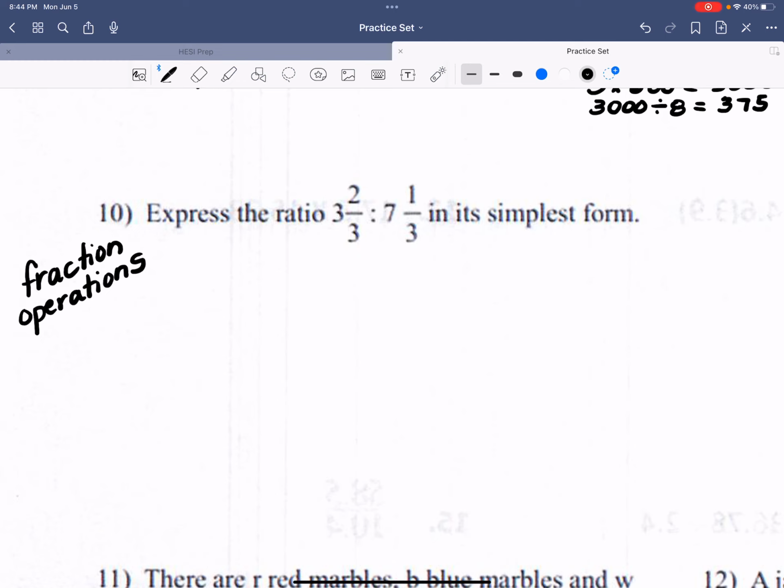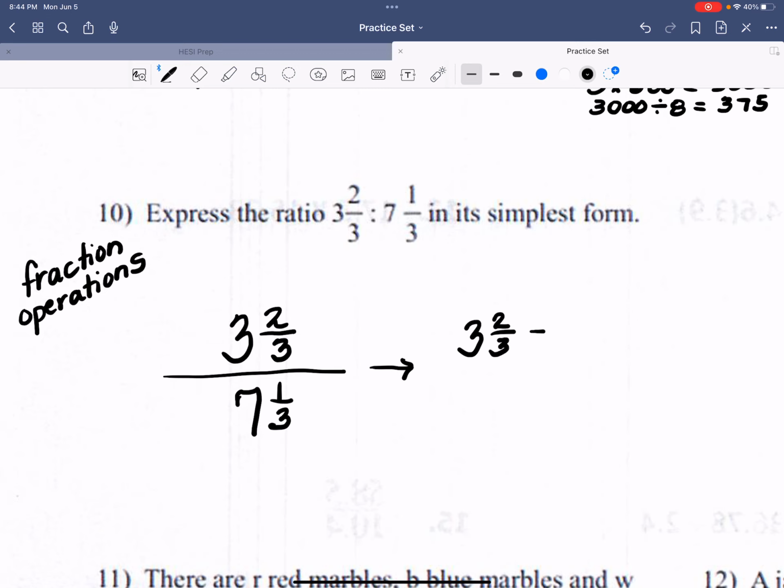It says to express the ratio in its simplest form. So this is a complex fraction where you have a double-decker fraction. What this literally translates to is 3 2/3 divided by 7 1/3.